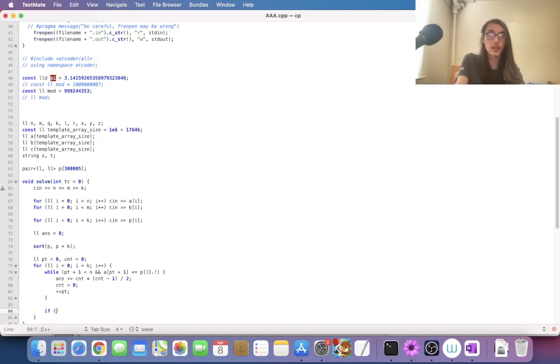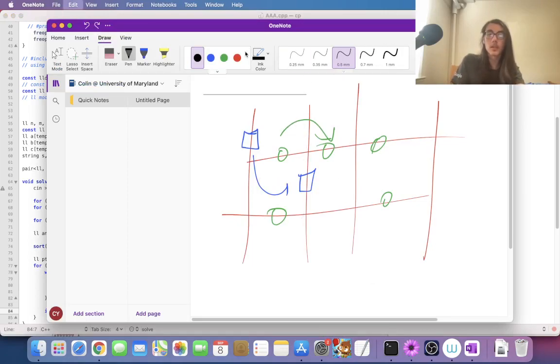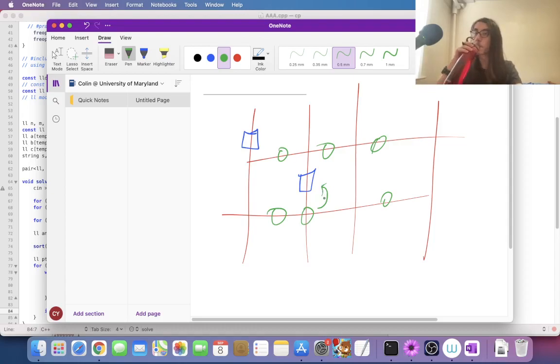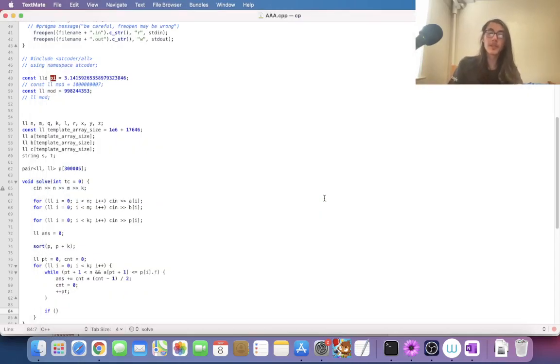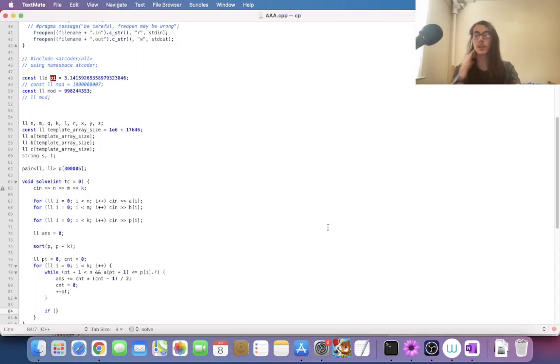Okay, so now we need to consider, when do we start our new region? Suppose we're right here. Then this should not count for this because, again, anything on an intersection is fine. It will always form valid pairs. So we should only start counting when we are strictly within that region, sort of like an exclusive region.